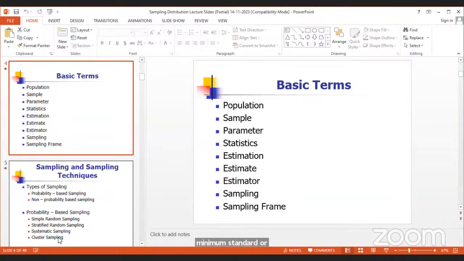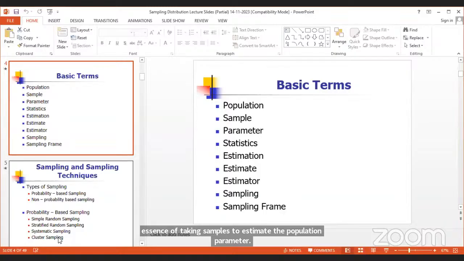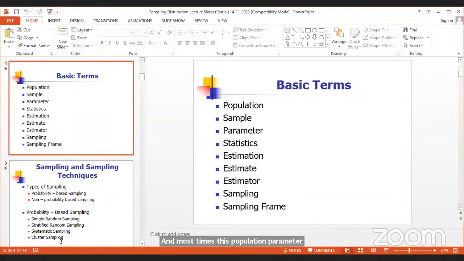So the essence of taking samples is to estimate the population parameter. And most times, these population parameters are unknown, right? Then I defined what a parameter is. A parameter is a function of all the units in the population, a function that represents the entire population.